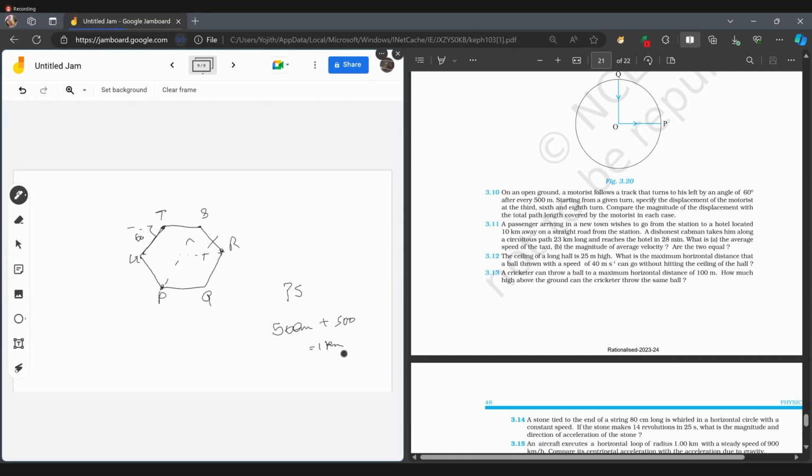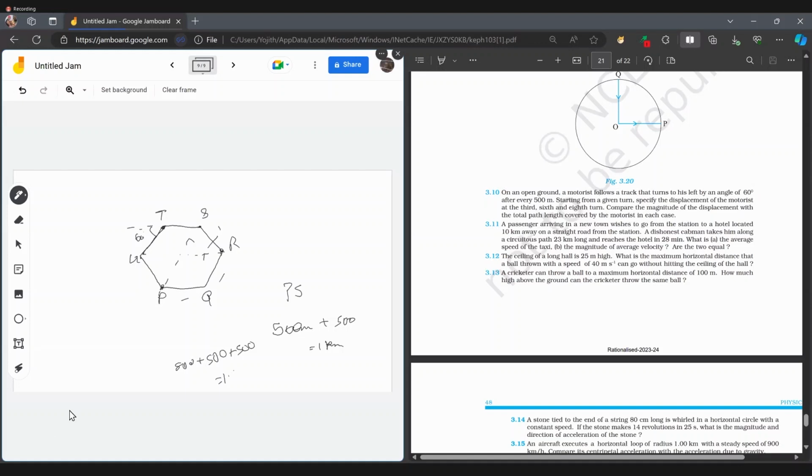Okay. Total path length is becoming 500 plus 500 plus 500, PQ plus QR plus RS, which is 1.5 kilometers.